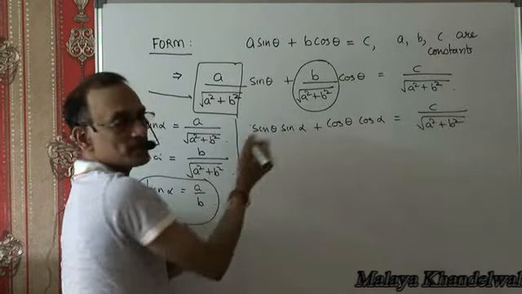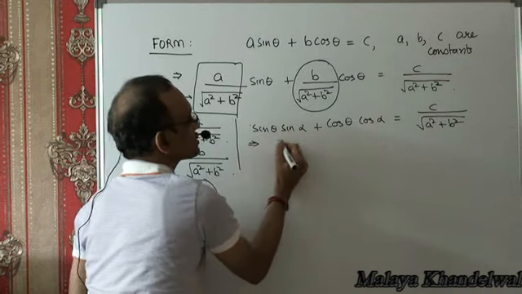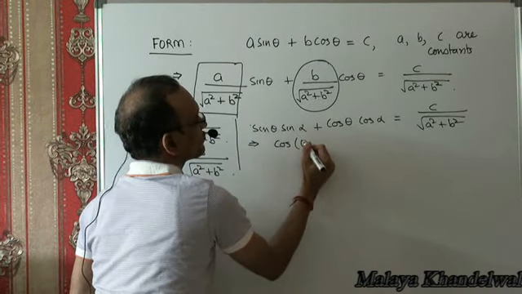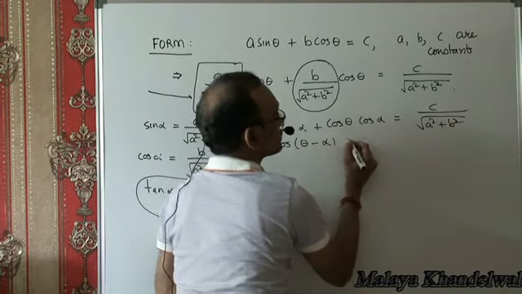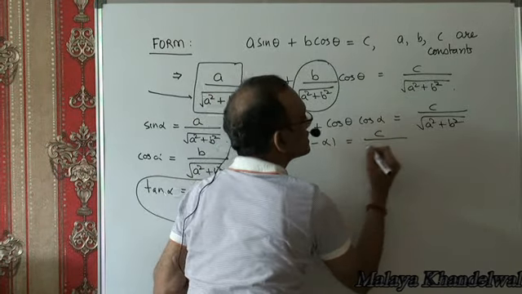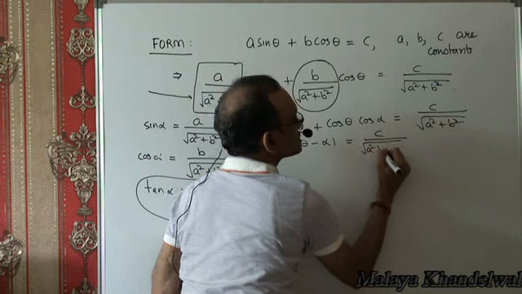So cos a cos b plus sin a sin b makes it cos of a minus b, so cos of theta minus alpha is c by root a square plus b square.